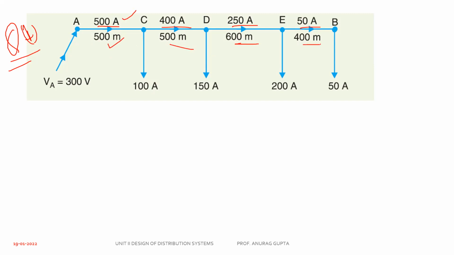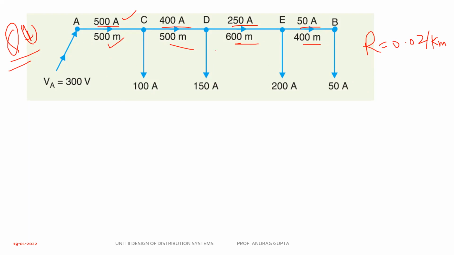Clear. Now suppose the resistance of this feeder is 0.02 ohm per kilometer. That's the resistance. So how can you find the voltage at each point? I have given the distance of the sections: 500 meter, 500 meter, 600 meter, 400 meter.